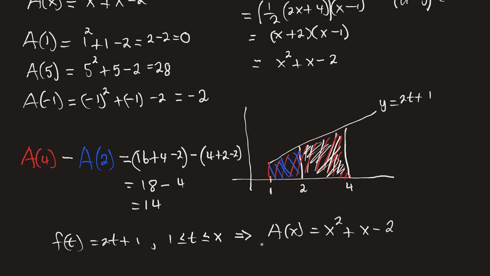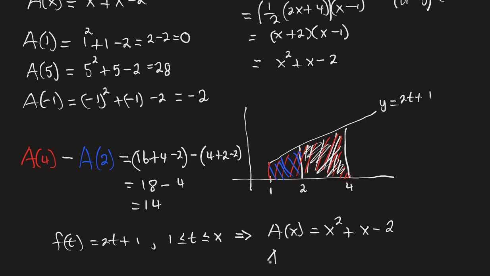Now, this in itself is another function, right? In fact, it's a polynomial, so we know it's always continuous, and we know polynomials are also differentiable. So just for kicks, what if we were to take the derivative of this function?